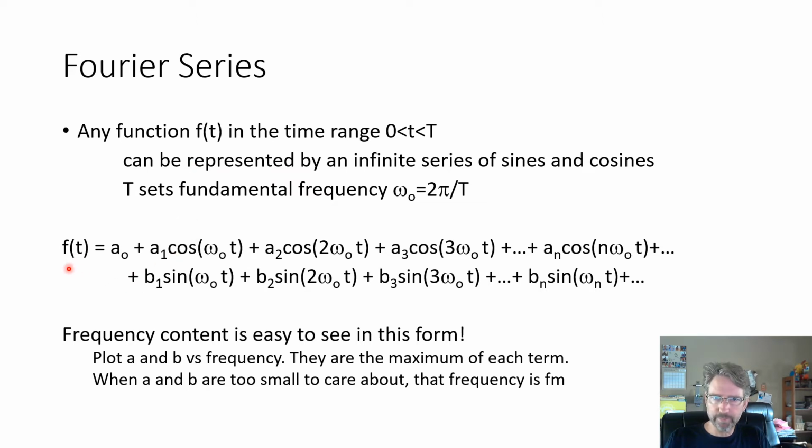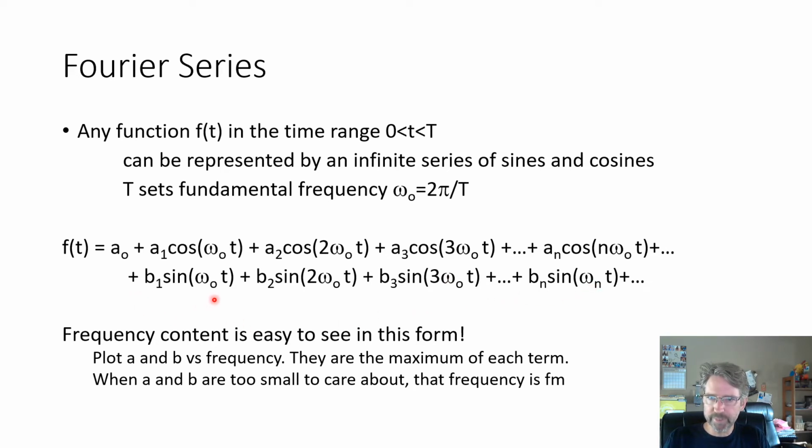So here f of t can be anything, any kind of f of t can be rewritten as a sum of a0 plus a1 cosine omega naught t, a2 cosine 2 omega naught t, a3 cosine 3 omega naught t. You can see the pattern there. And this goes on to infinity. And then there are sine terms with b1 sine omega naught t, b2 sine 2 omega naught t, and so forth all the way up to infinity.